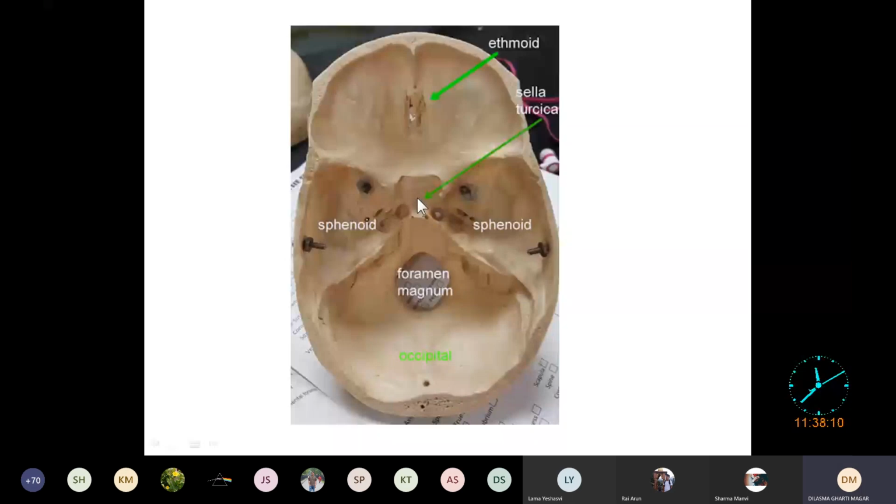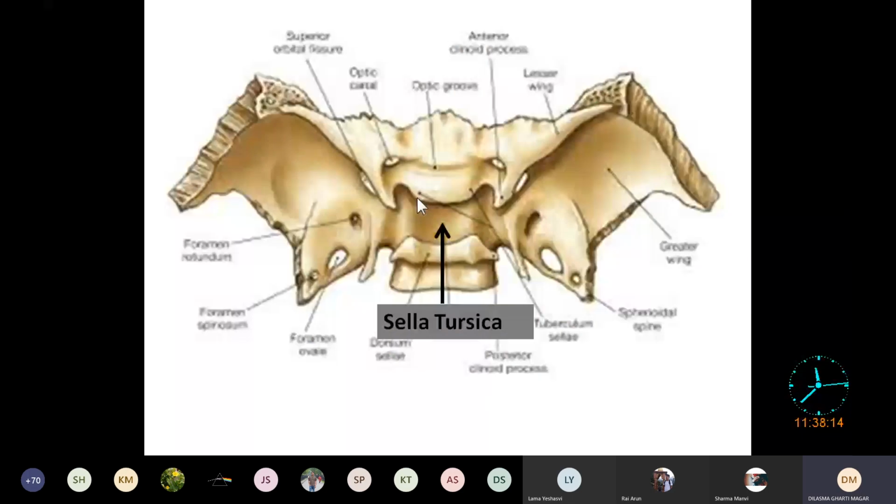So I'll show you another picture also. Now you see here other parts of the bone, and the other foramina. I'm not much interested in those. I just wanted to show you the bone, that is the sella turcica. Here you can see this is the sphenoid bone, which makes the base of the skull, isn't it? The bone is butterfly shaped.